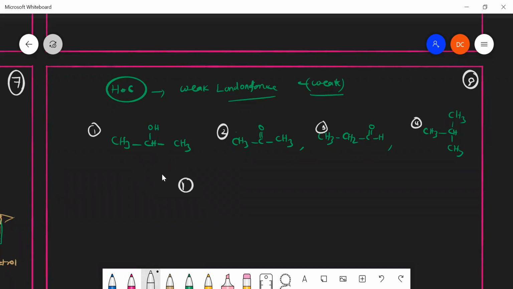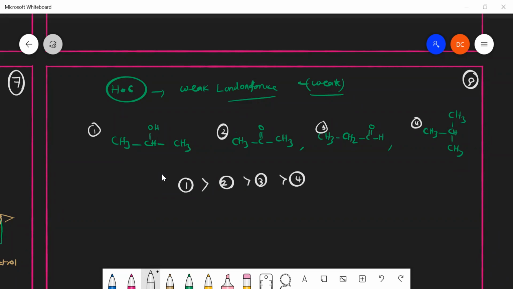What about the second position? Ketone has a higher boiling point than aldehyde. Yes, very good. So 1, 2, then 3, then 4 is the order.